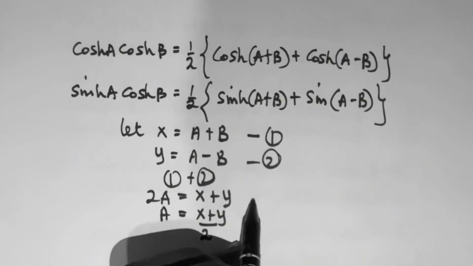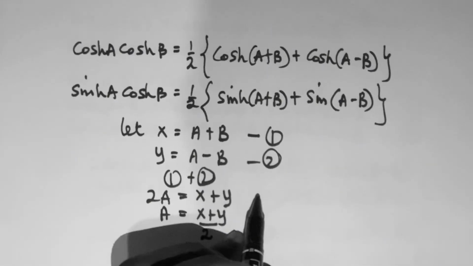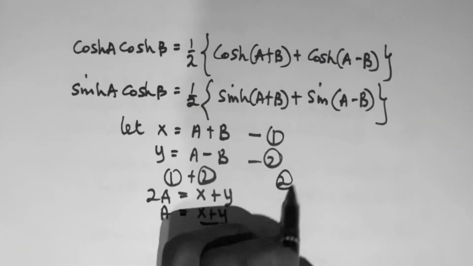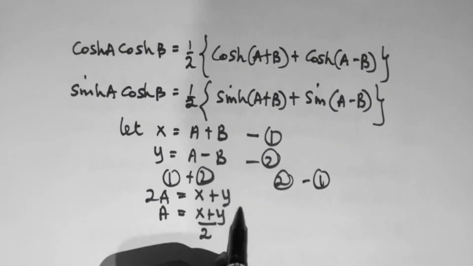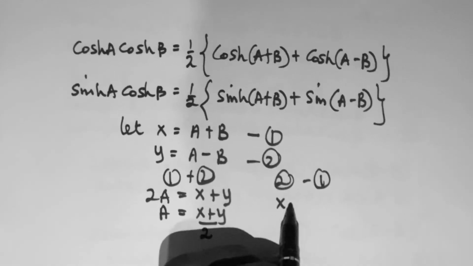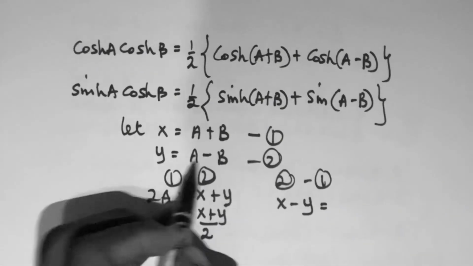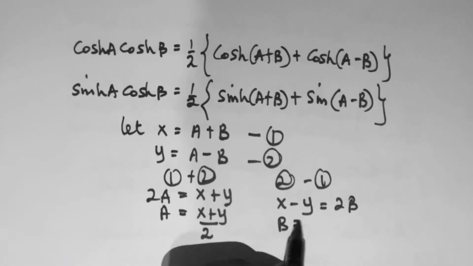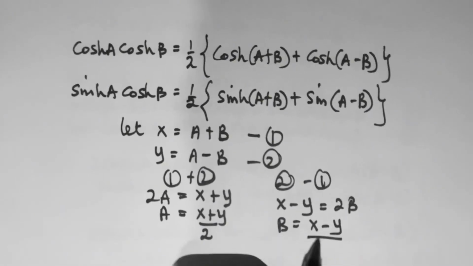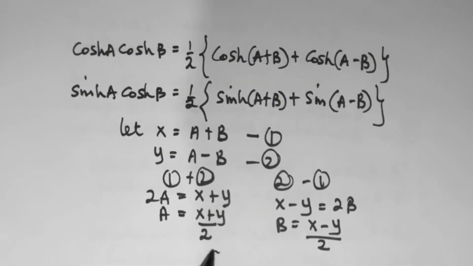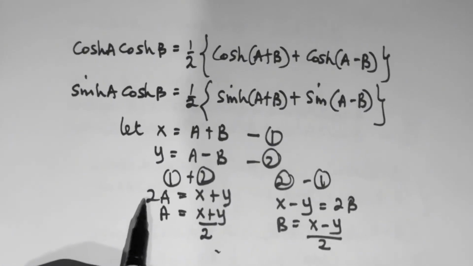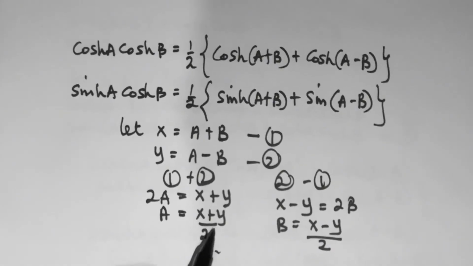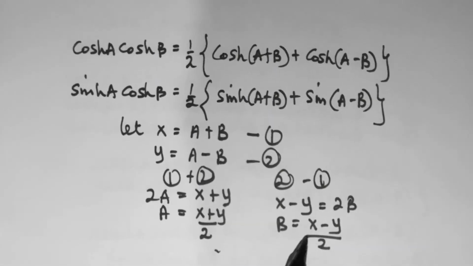And now if we subtract equation 2 from equation 1, the A goes to 0, and we get 2B equals x minus y, so B is equal to (x minus y) over 2. So we are going to replace A with (x plus y) over 2, and B with (x minus y) over 2.